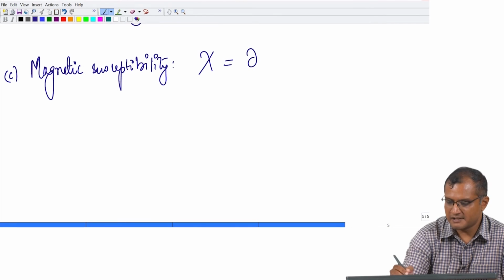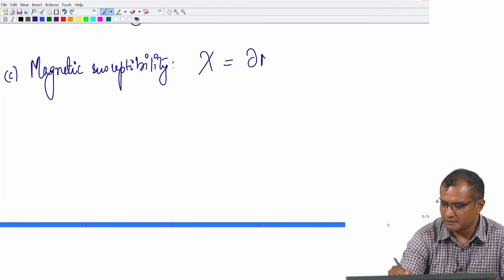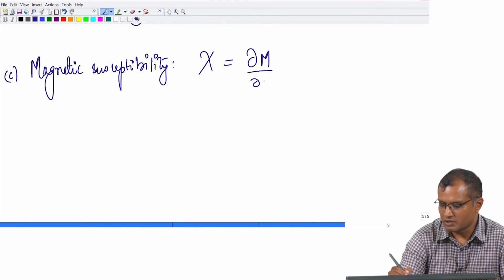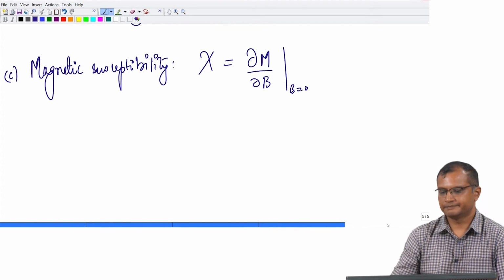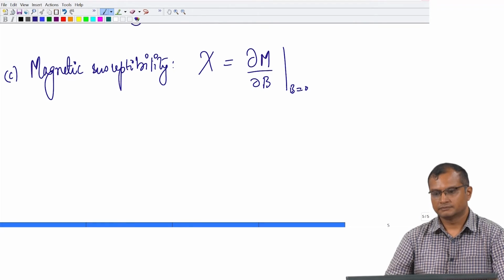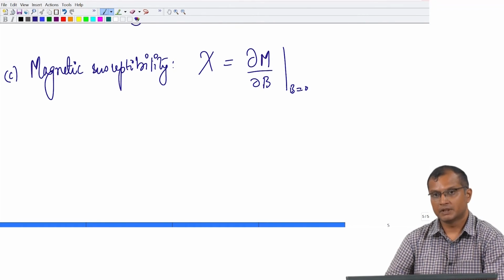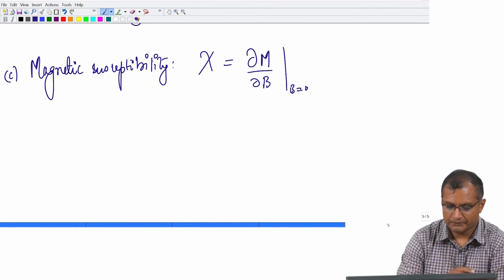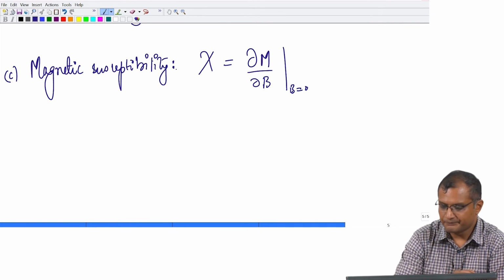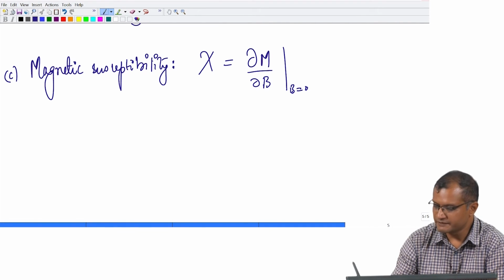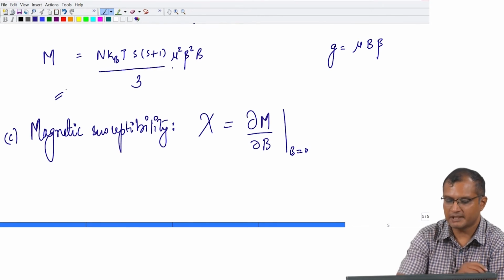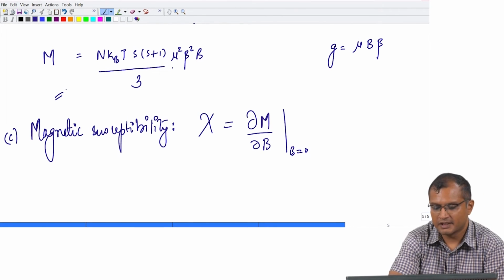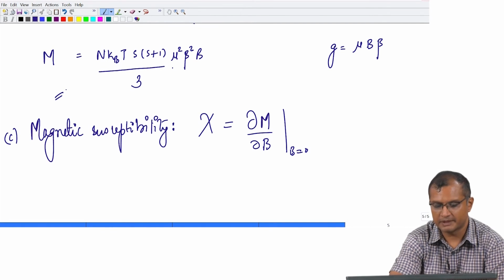So, it is defined as the derivative of the magnetization over field at small values of field. Okay. So, we can compute this. Since we already have M over here, I can simply take its derivative at small values of field and get the value of susceptibility.